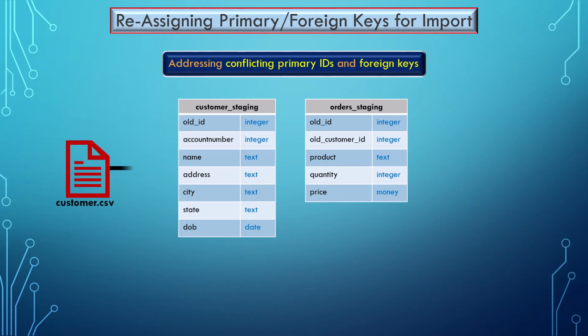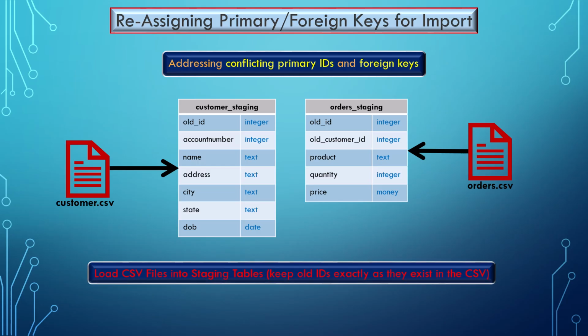Then import the customer.csv file into the customer staging table and import the orders.csv file into the orders staging table. Note that when loading the CSV files into the staging tables, we will keep the old IDs exactly as they exist in the CSV.